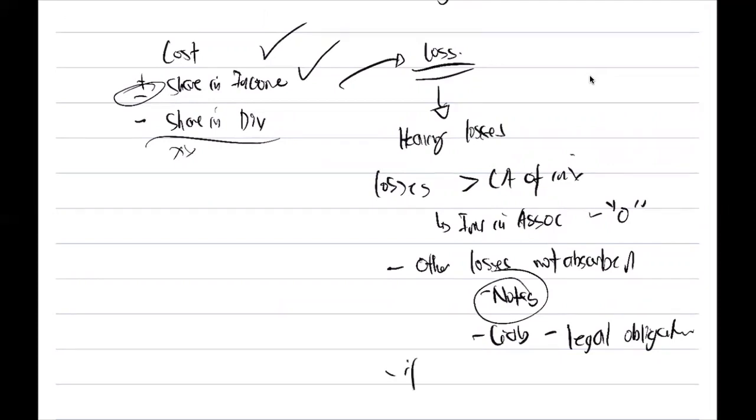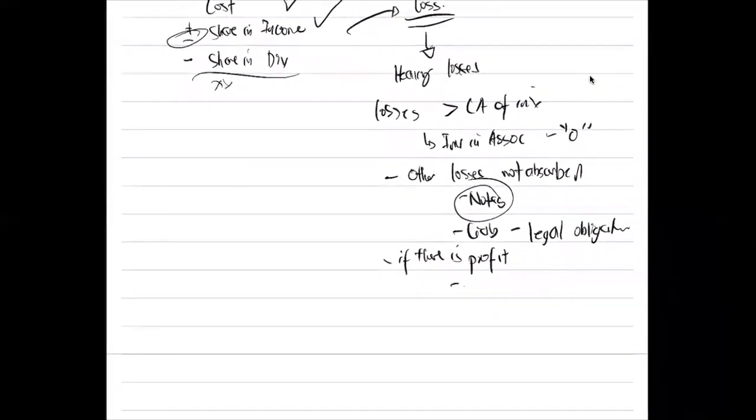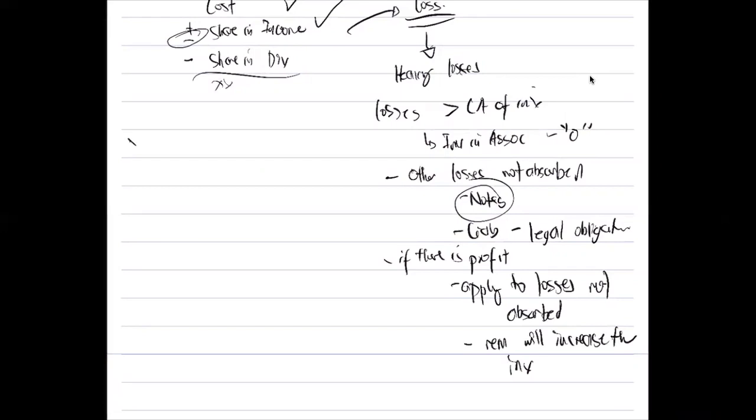And if there is profit, what do we do? We first apply it to losses not absorbed, and then any remainder will increase the investment. Okay, so for example, year 1, year 2, year 3, year 4.